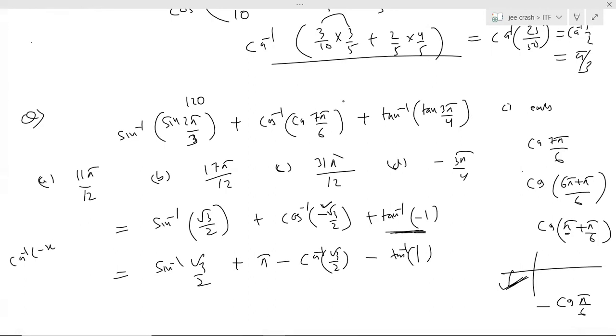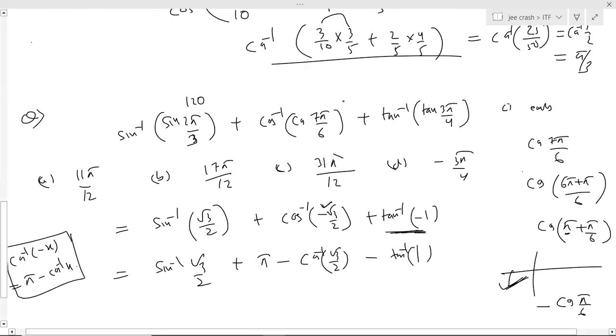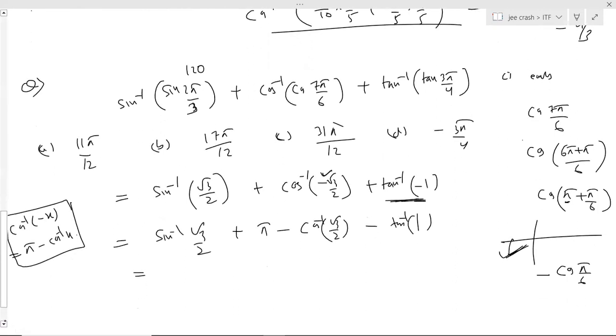Cos inverse minus x is pi minus cos inverse x. This is a property. So sin inverse root 3 by 2 is pi by 3, and this is pi minus cos inverse root 3 by 2, pi by 6.